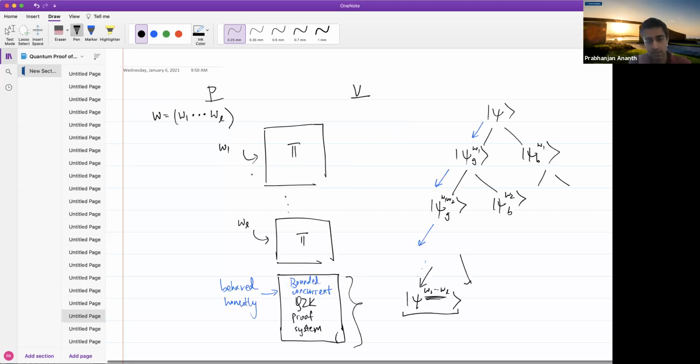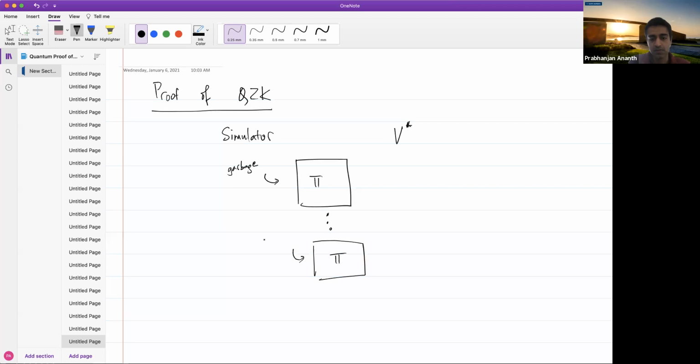Here, the prover was putting the actual witness bits, but here it puts garbage values. And finally, for the bounded concurrent quantum ZK protocol, it's going to run the simulator for this.